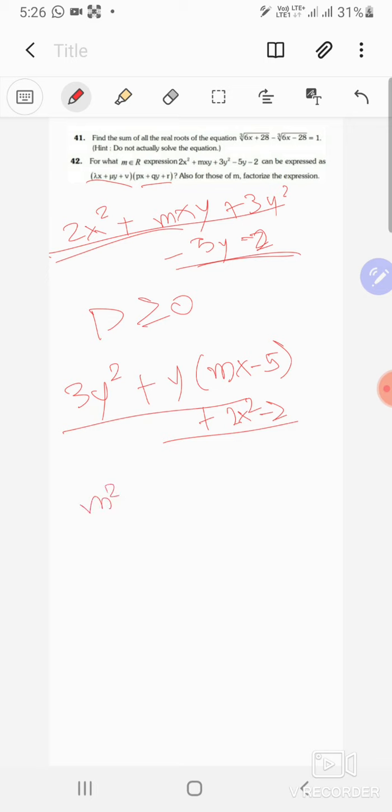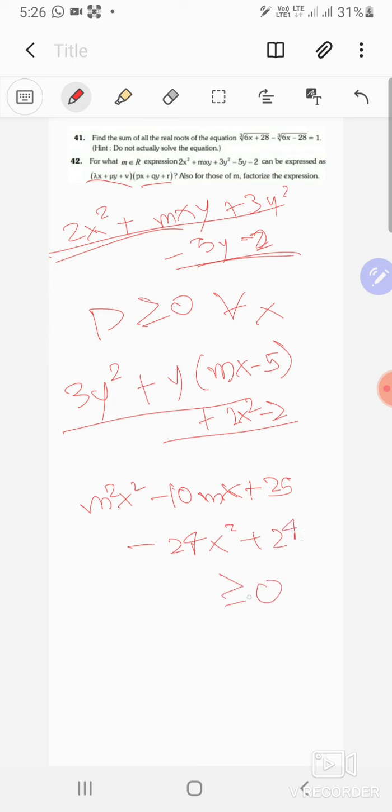So you will have m squared x squared. This is actually true for all real values of x. So m squared x squared minus 10mx plus 25, minus 12 into 2, which is minus 24 x squared, and then plus 24.